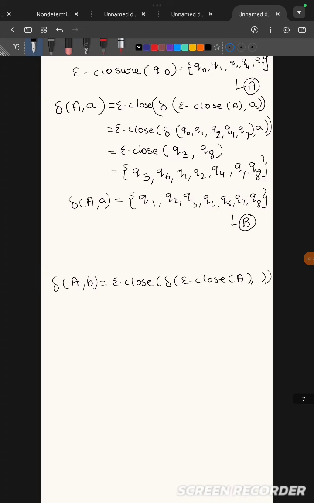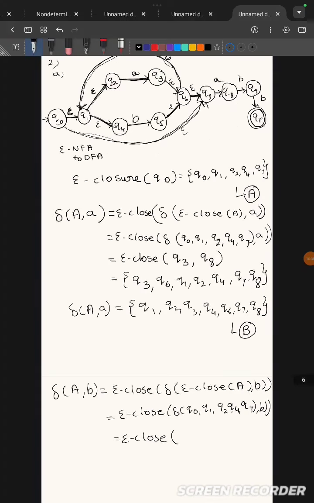Already we have found for a, now we'll find for b. What is the epsilon closure of A? We know that it is Q0, Q1, Q2, Q4, Q7. Now we have to find the transition for b. Previously we found the transition for a, now we will find for b.